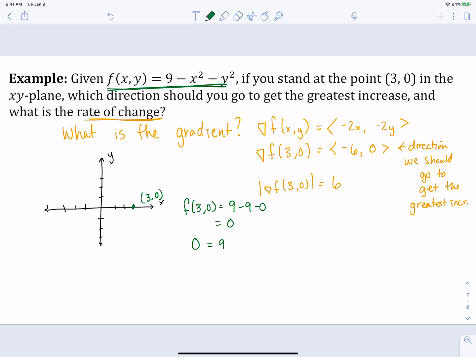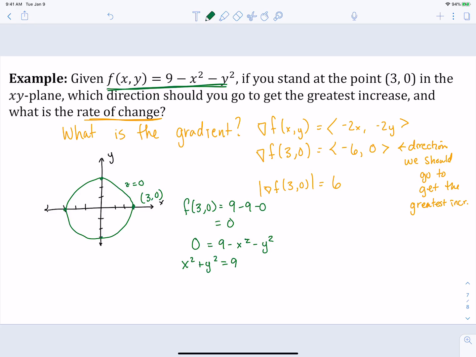So if we wanted to make the level curve that this point sits on, if we set our equation equal to 0, now we get a circle. Its center is at the origin and its radius is 3. So this is the level curve for when z is equal to 0.